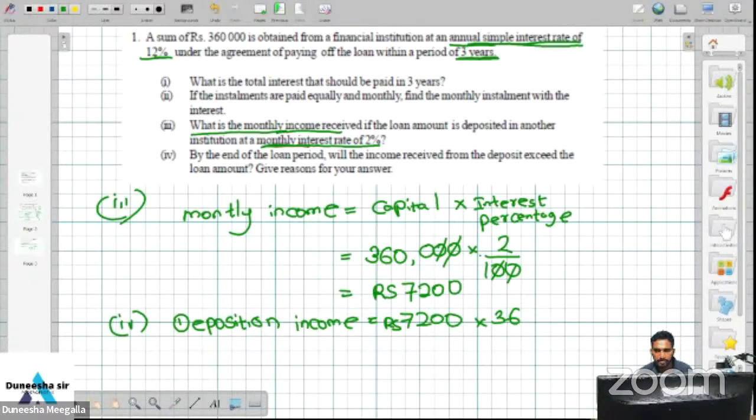Okay, write down the reason. Yes, Tarul, your answer is correct. Tarul, does it exceed the loan amount or not?